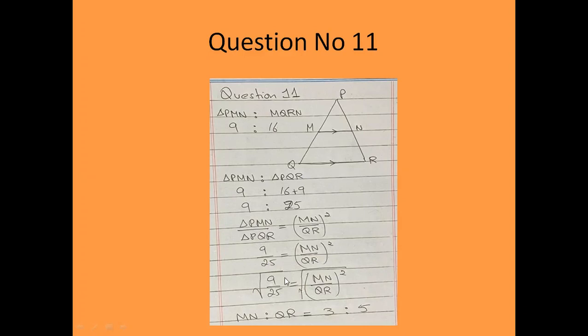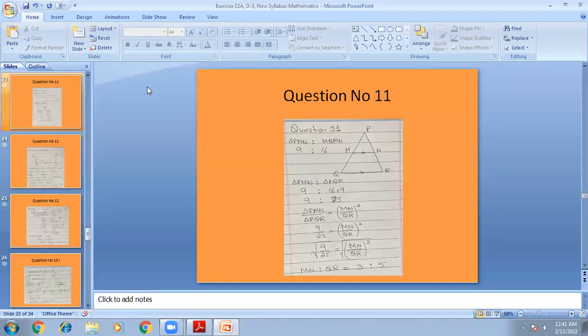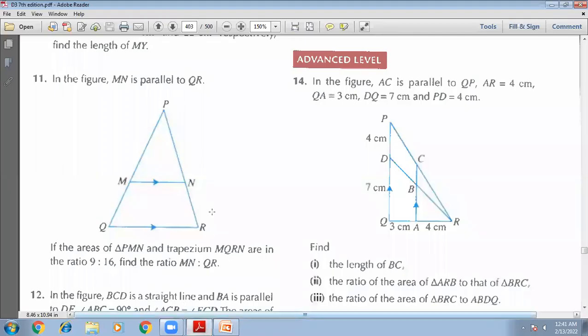So I will take the square root on both sides. You can see here I have taken the square root. So MN to QR will be equal to 3 to 5. So my dear students, this is question 11 of exercise 12A, D3 book. I hope that you have understood this, and let's go to the next part.